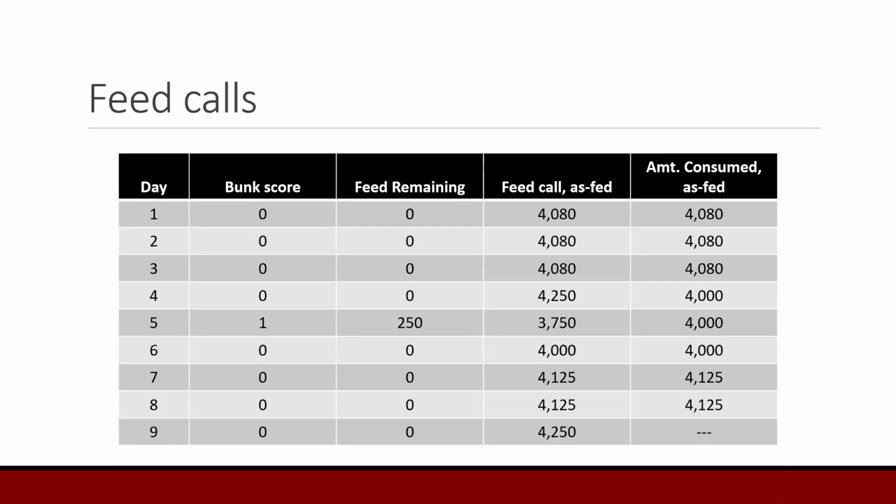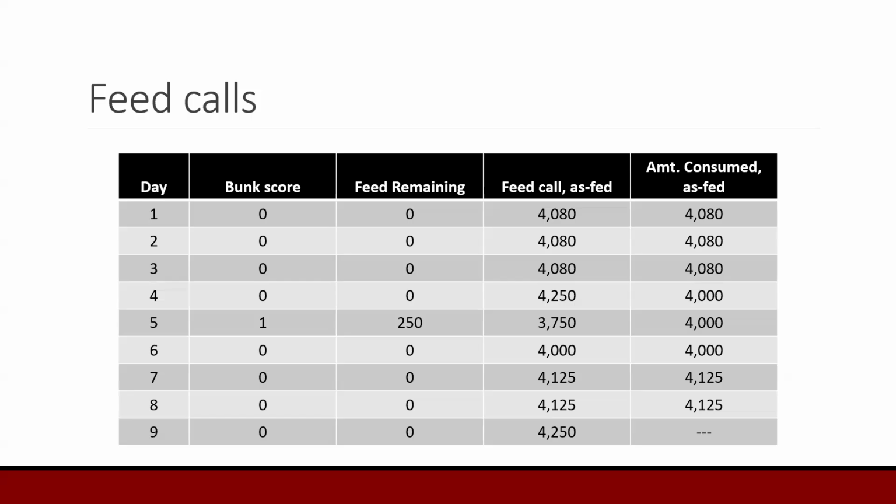Okay. So, double cut from here to here, then give a half back. So give 125, half of 250, back so that they have 3 days in a row of 4,000 pounds. Then you give double back again, so 4,125. They actually consumed 4,125 because our bunk score was 0.